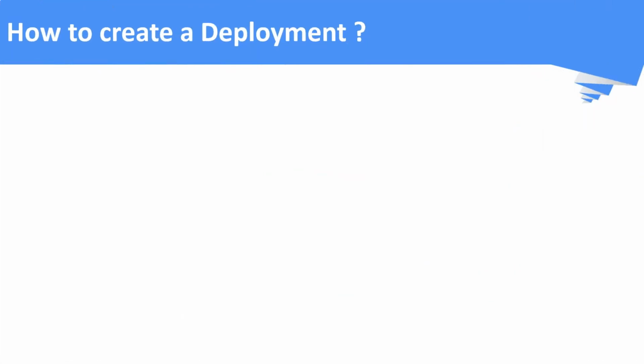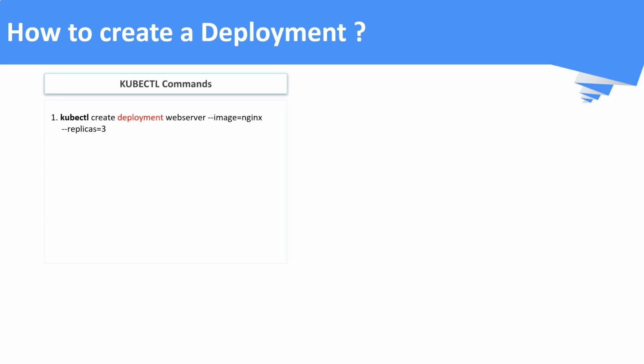Now, how will you create a deployment? Obviously, you can use kubectl commands to create a deployment, just like this. But the best practice is to use a Kubernetes manifest file to create a deployment, because it gives options to tweak the parameters of the deployment to a great extent, which you cannot do in a single kubectl command.